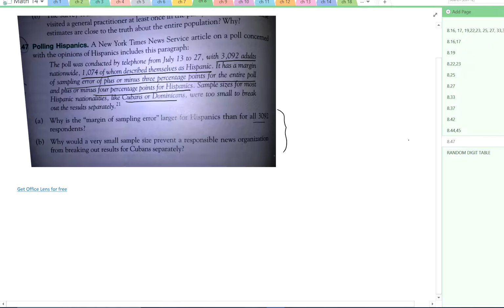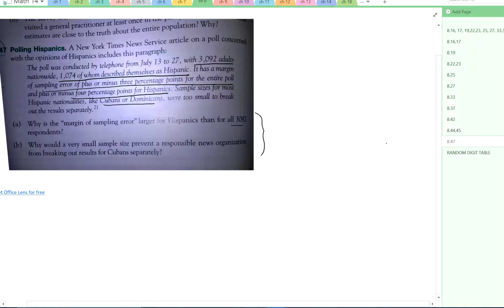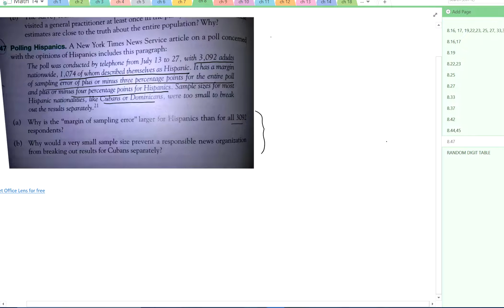Well, let's just talk about this as a general statement. The smaller the sample, the blank, the variation.